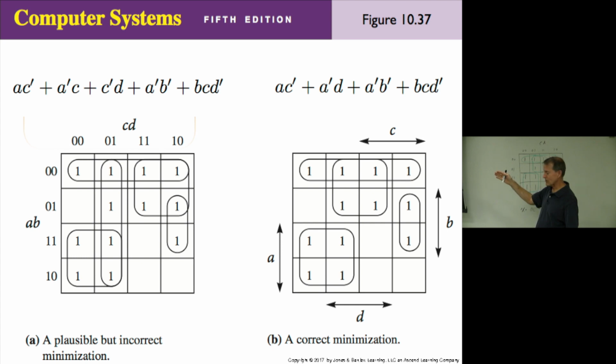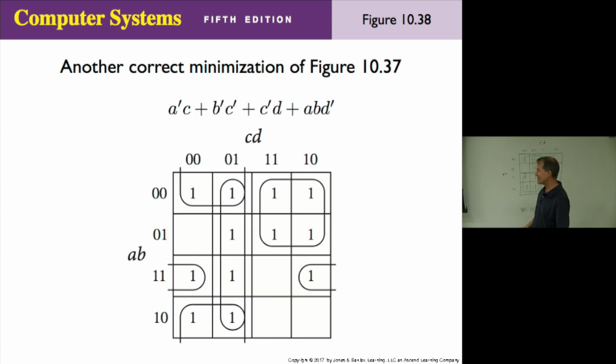But now, just to show you another illustration of the fact that the minimization is not unique, look at figure 10.38. That's a good one. This is a really nice one, isn't it? It's the exact same Karnaugh map, the same function, but it's covered differently.